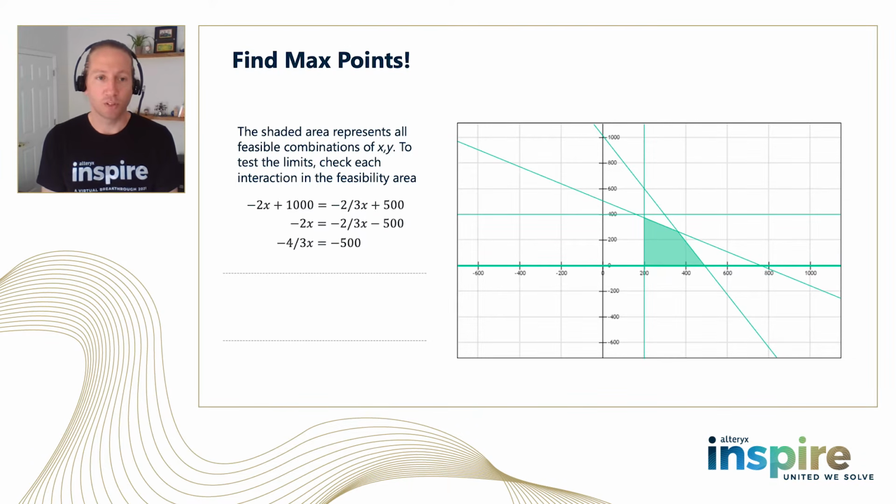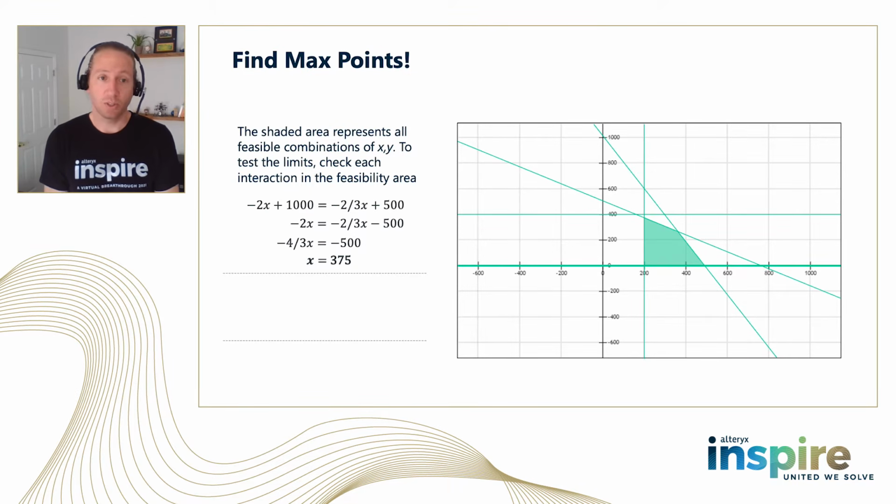If I move x from the right-hand side to the left-hand side, I add 2/3 x. So negative 2x plus 2/3 x gives me negative 4/3 x equals 500. Now if I divide both sides by negative 4/3, I get x equal to 375. So I know that to maximize revenue, I need to create 375 pairs of pants.